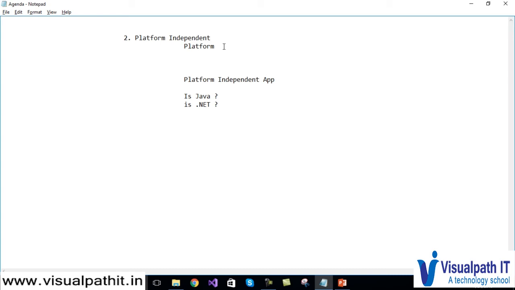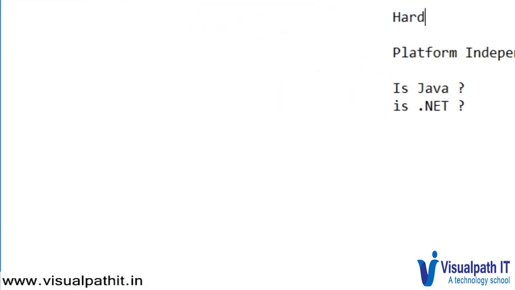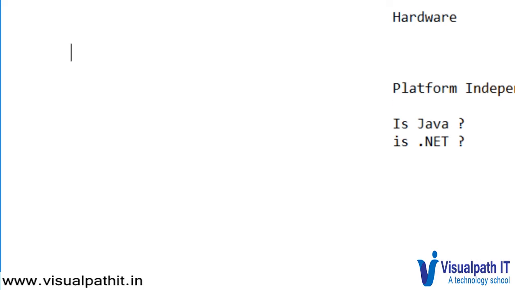So let us first define what a platform is. In the real world, platforms are like a railway platform, a bus platform, and various kinds of platforms where we stand and wait for people. But in the IT world, what platforms do we have? At a high level, we have two types of platforms: a hardware platform or a software platform.